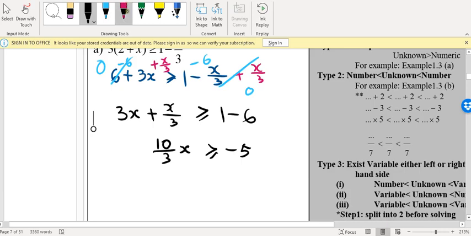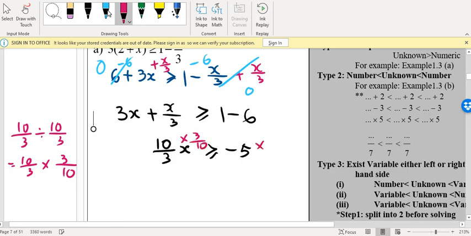You get the idea? So here I will multiply with 3 over 10, and the same goes for the right side, because my intention is to get the coefficient of 1.